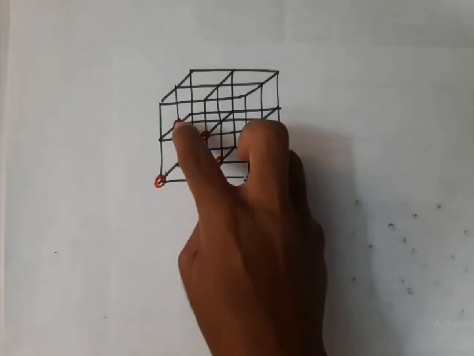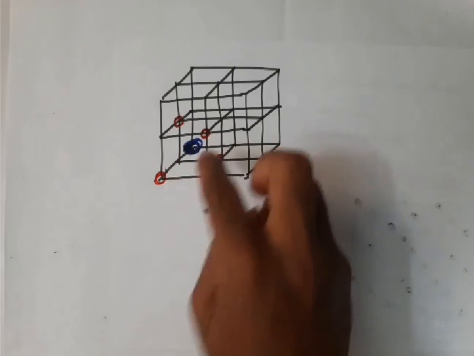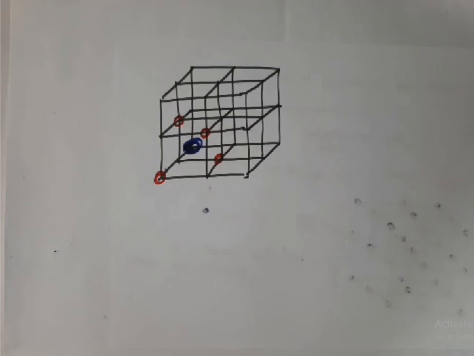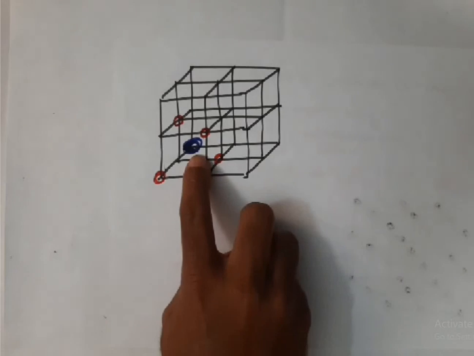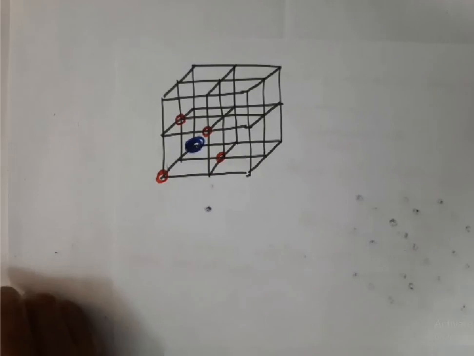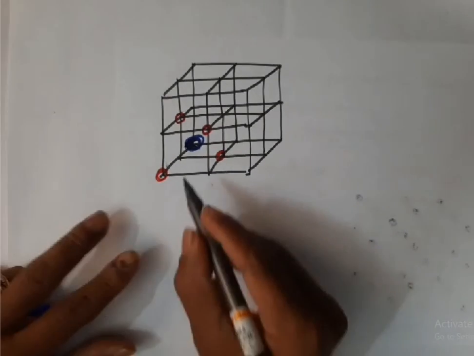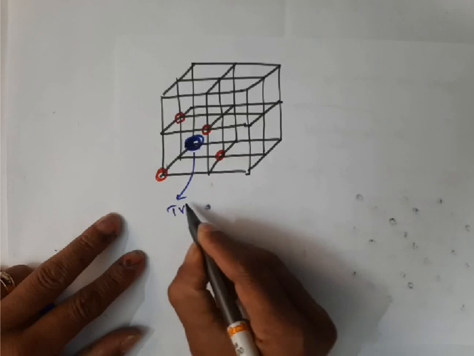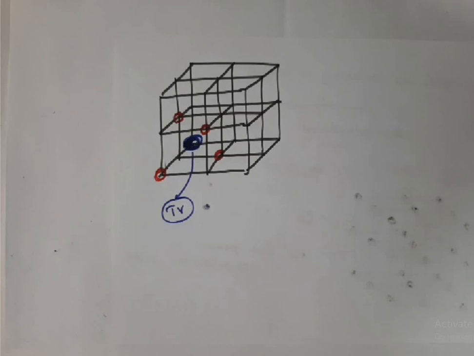Now, see, if you join the centers of these 4 atoms, you will get a tetrahedron, and this middle point is what we call a tetrahedral void. Tetrahedral void, I wrote simply TV.